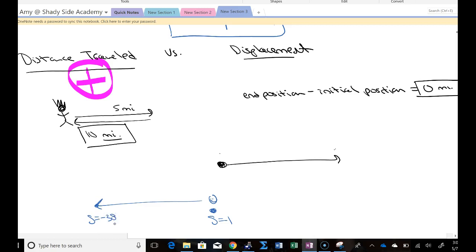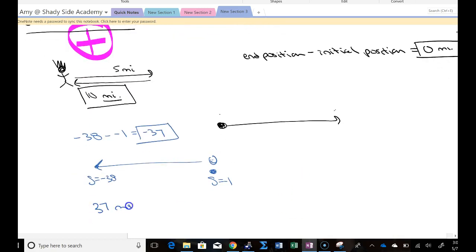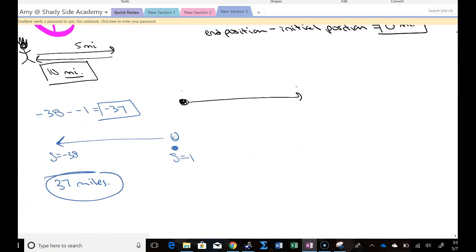Distance traveled, if I've never changed direction, is end position minus beginning position, or in this case, -38 minus -1, which equals -37. But that's an odd thing to say when someone asks you for distance traveled. Really, when they ask you for your distance traveled, they just want to hear that you ran 37 miles. Okay? Displacement, though, gives a little more information in that, in this case, if you started at -1, and I realize my negative kind of got eaten by the equal sign.